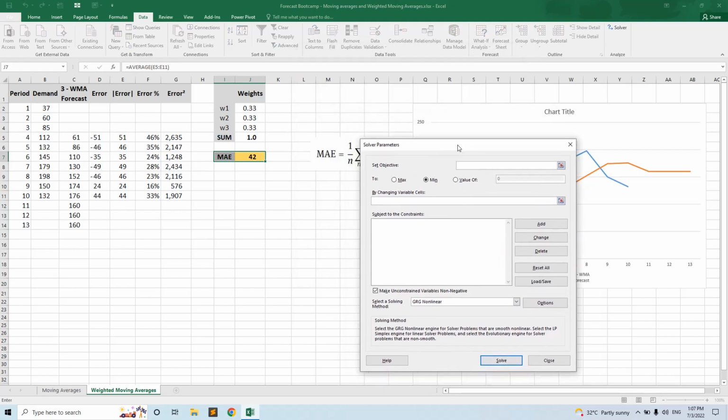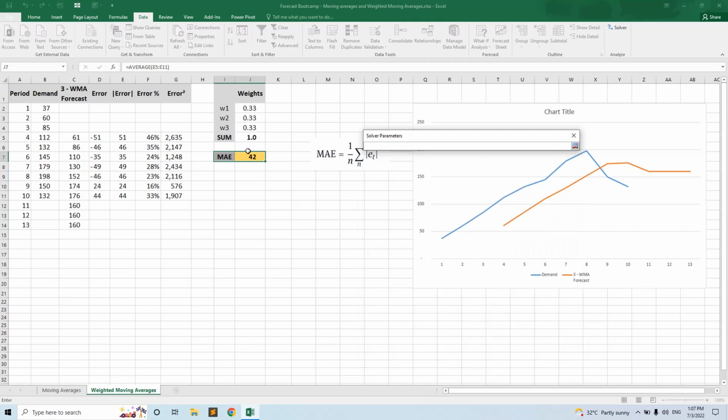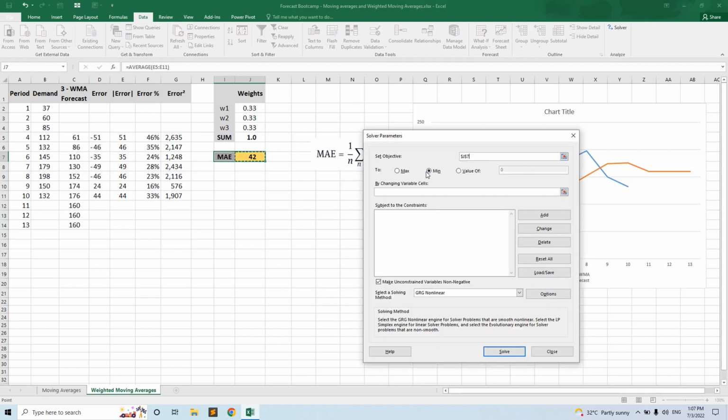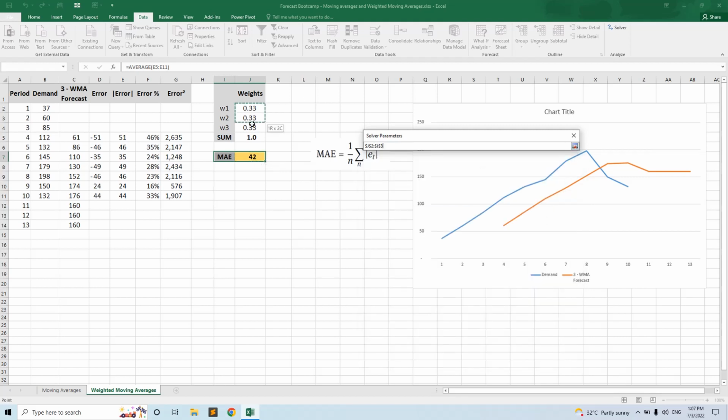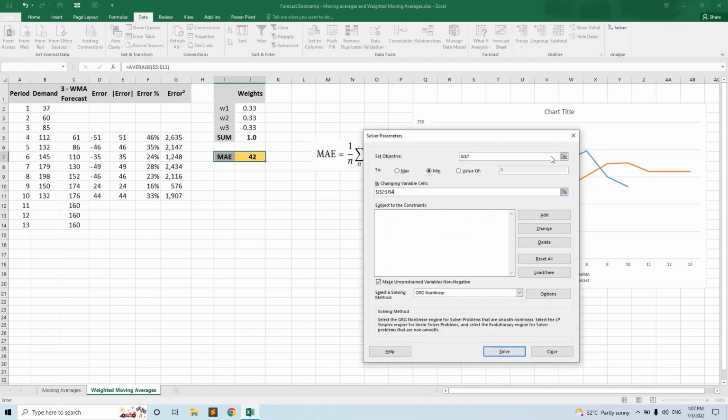So what is the objective? The objective is to minimize this parameter by changing variable cells, by changing this. We have a constraint, the sum of the weights to be 1.